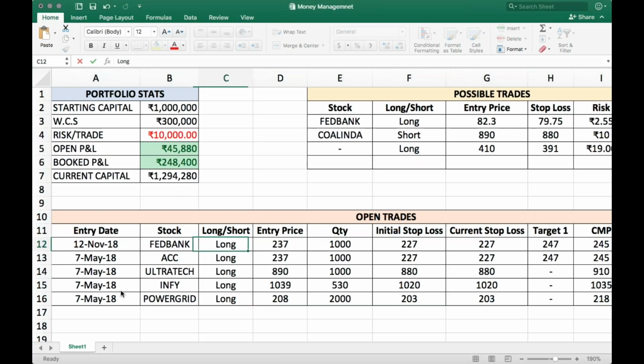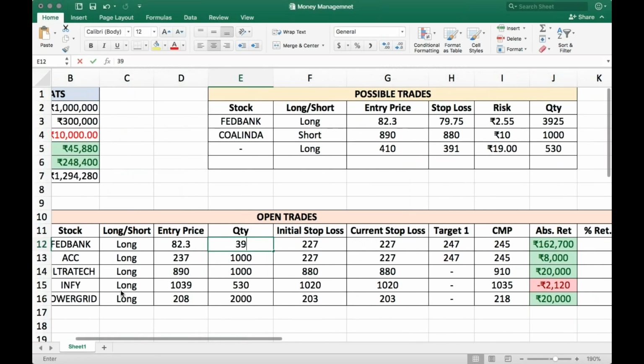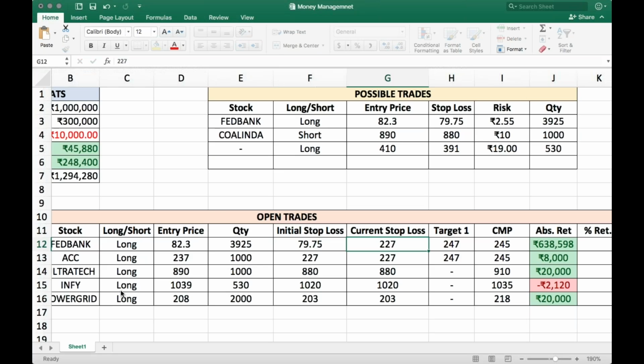Fed Bank long at 82.3. How much quantity? 3925. Initial stop loss 79.75. Let's say you've trailed the stop loss to 80. Target we'll come to later.